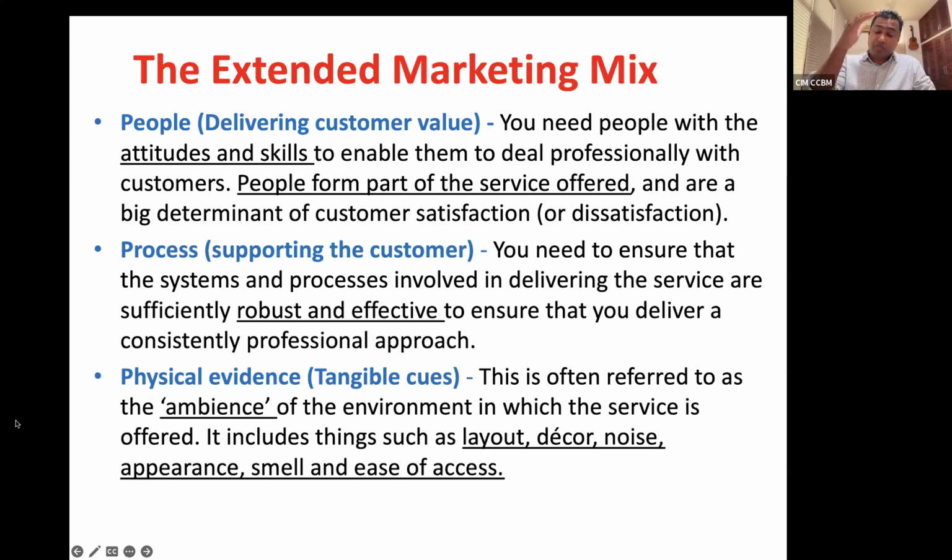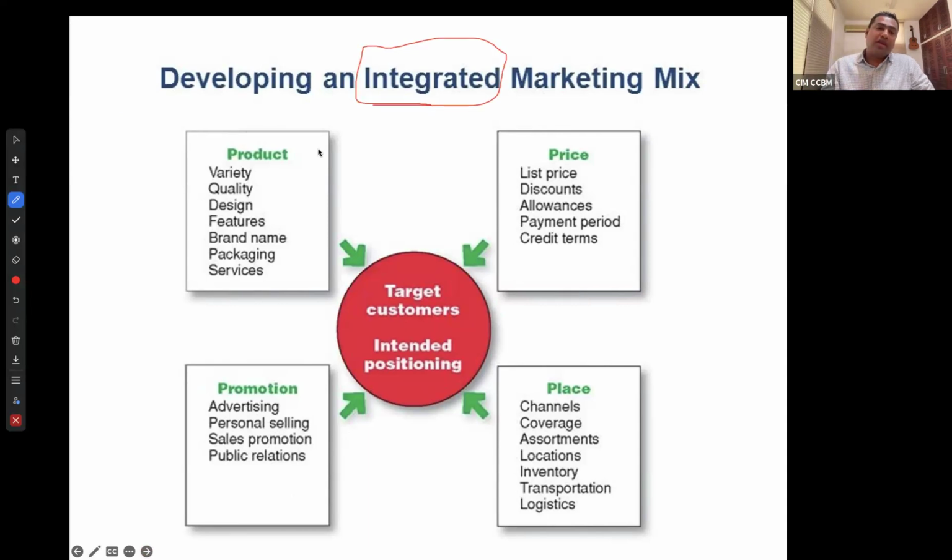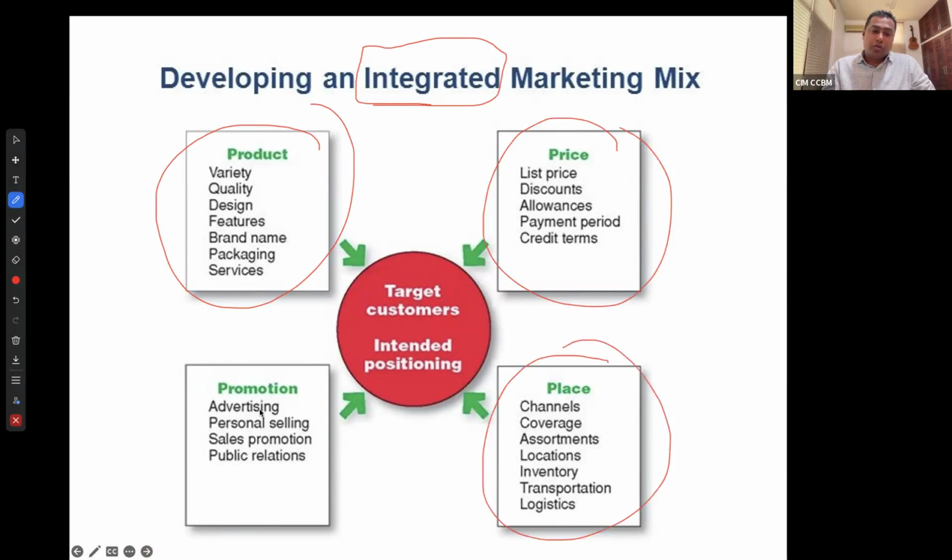Sometimes you might have the best product and a good price, but the physical evidence is bad and people are bad. So that leads us into another discussion. How do you integrate the marketing mix? How do you make sure your product matches your price, your place, your promotion?